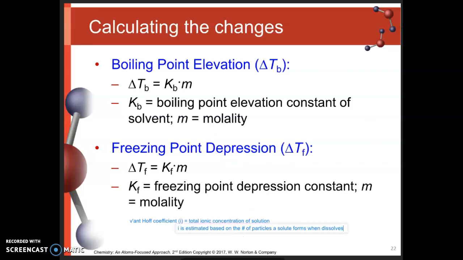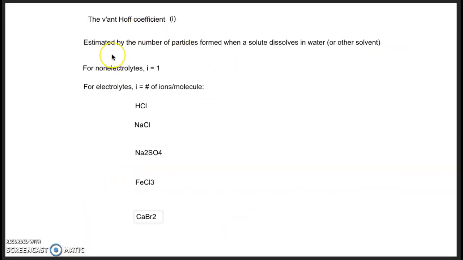So let's go to the whiteboard here. We can see that the Van't Hoff coefficient characterizes this impact, and we can estimate it by the number of particles that are formed when the solute dissolves in the water or whatever the other solvent could be.